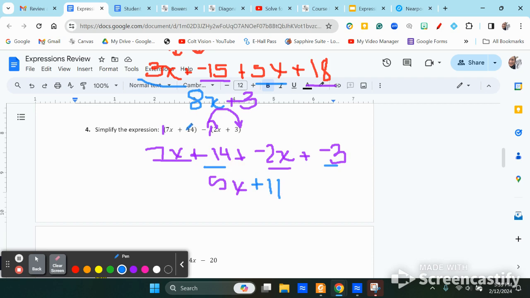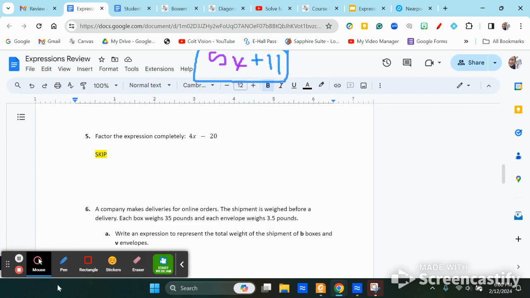So if I think about it, if I'm subtracting 2x and 3 from 7x and 14, 7x minus 2x is 5x. 14 minus 3 is 11. So that's really all I did. I subtracted them. You can skip number 5 because we haven't done that yet if you're doing that today. But if you are doing this after Tuesday, you can try it.